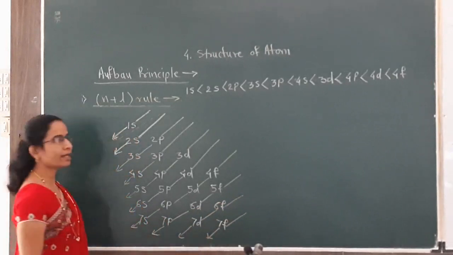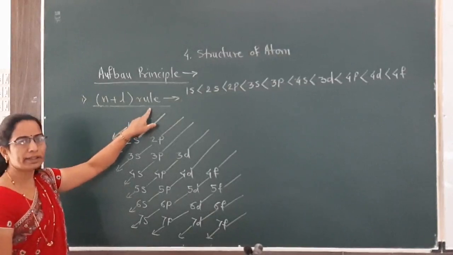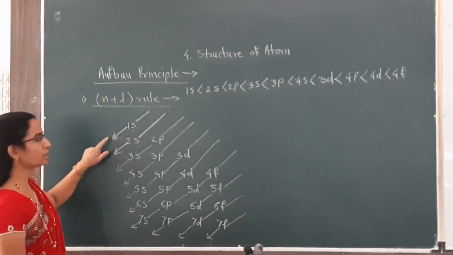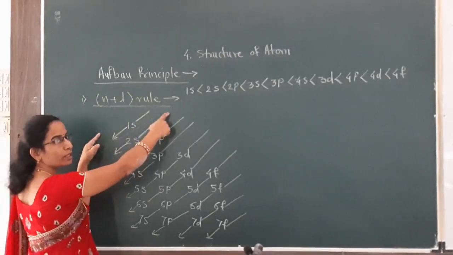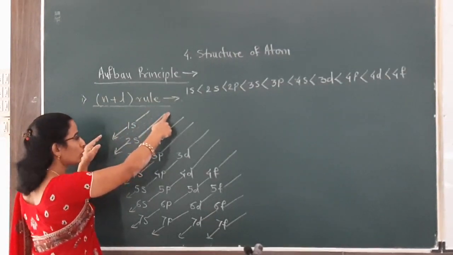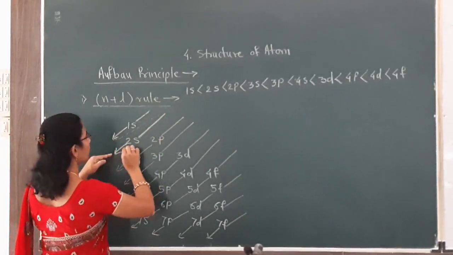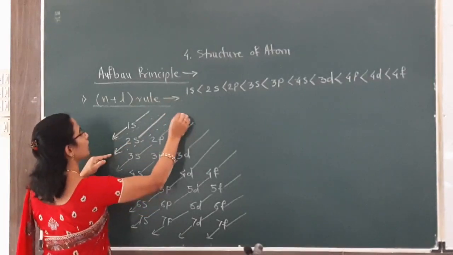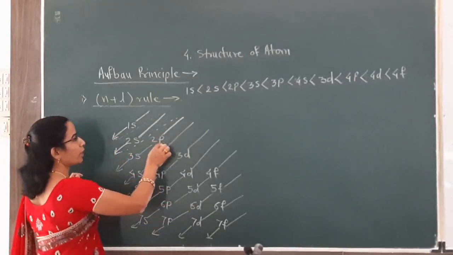Now in every case what we have to do? We have to go from the tail of the first arrow towards the head of the first arrow. Then go towards the tail of the second arrow to the head of that second arrow. Then again go towards the tail of the third arrow. You will reach the 2p orbital.